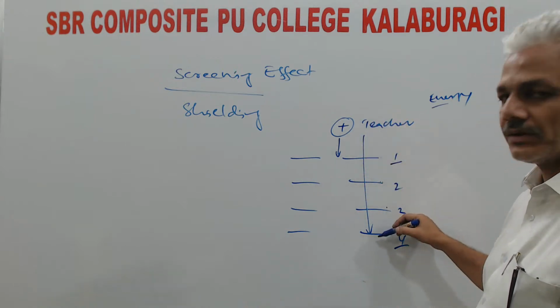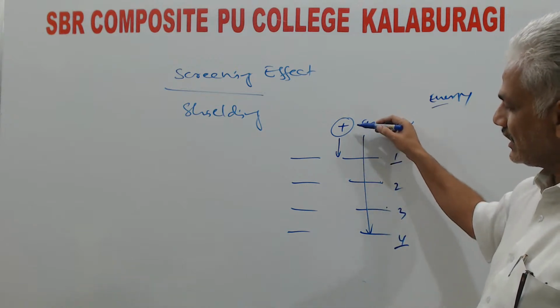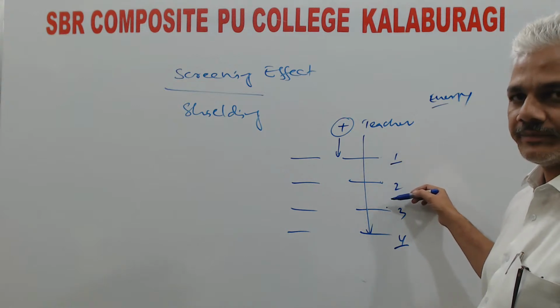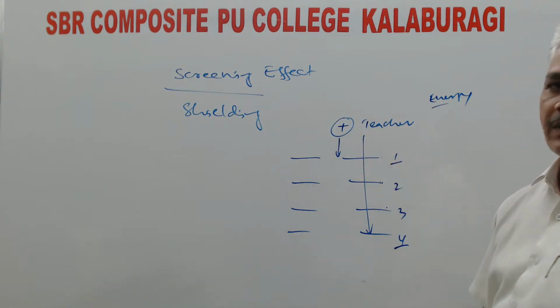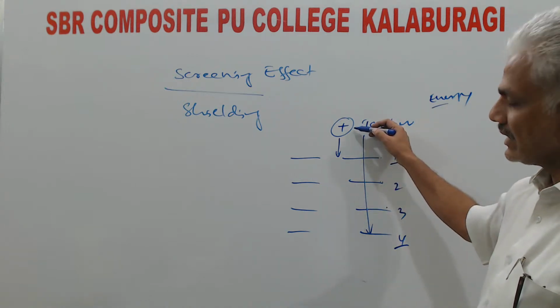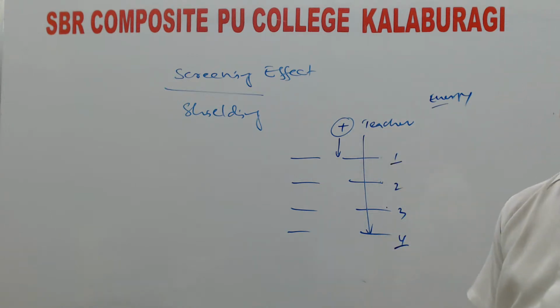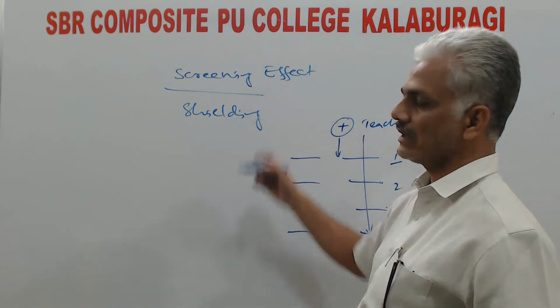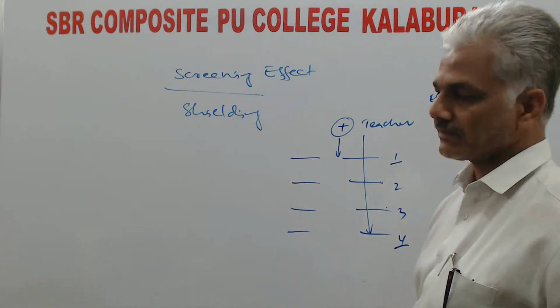But if you take the outermost orbit, between the nucleus and the outermost orbit, inner orbits and inner electrons come, which absorb the nuclear force of attraction effectively. As a result, the nuclear force of attraction on the outermost orbit and outermost electrons is drastically reduced. That phenomenon is called the screening effect or shielding effect.